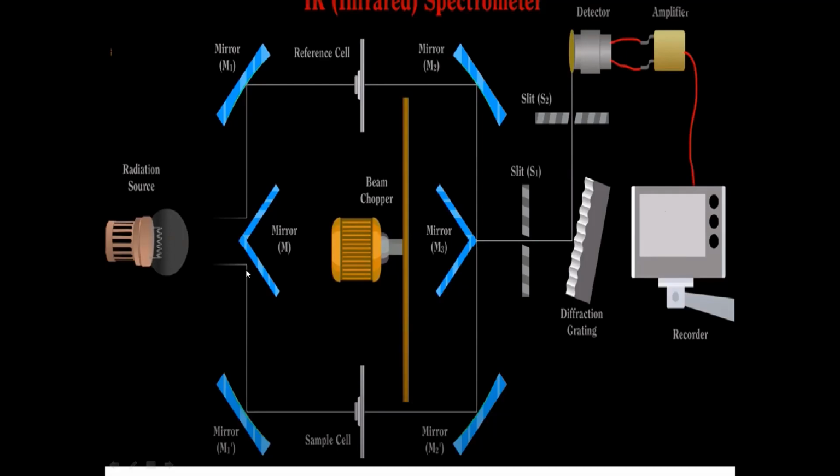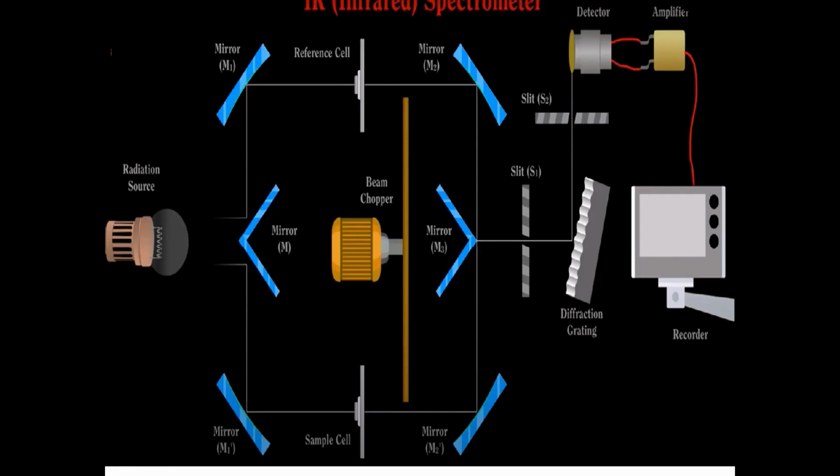Now, this is another component which is coming up to mirror M1 dash, and the same light is reflecting towards the sample cell. So at this stage and at this stage, there is no difference in this IR light. This is the beam chopper. Chopping means cutting.